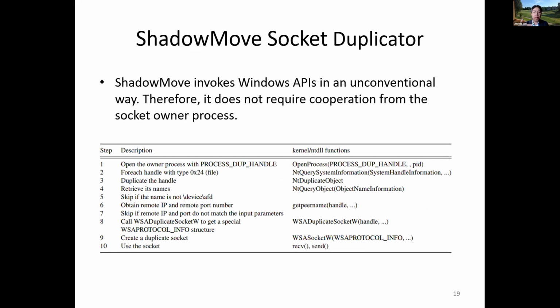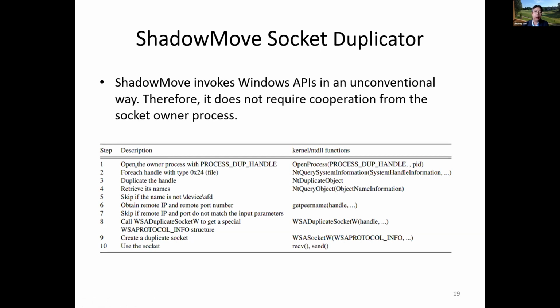This table shows the detailed steps of how to do that. Initially, the malware process has to open the owner process with the PROCESS_DUP_HANDLE privilege, and get a handle to the owner process. As a result, it can enumerate and duplicate all the handles inside the owner process, and then filter to find the handle that corresponds to the socket.